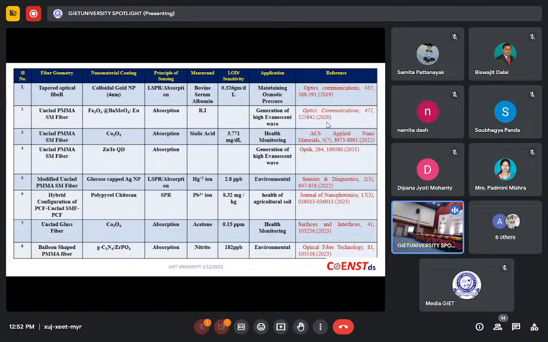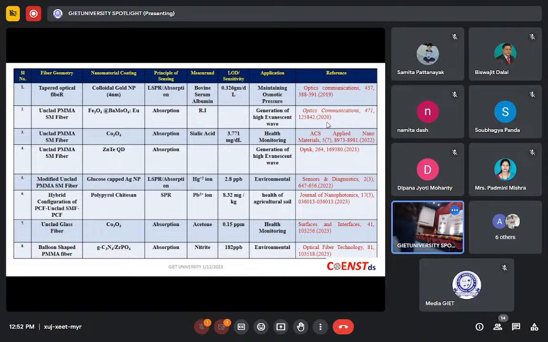And this is a PMMA single fiber. This is the nanomaterial coating which we have given. And this is again an absorption-based sensor. The measurement is of a biomarker, usually for cancer, so this is for health monitoring. This is the LOD which we have. Of course, these are the publications where these were published.